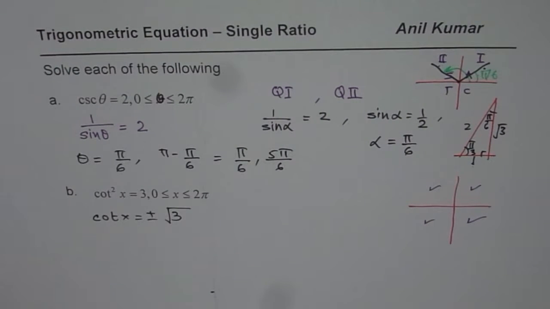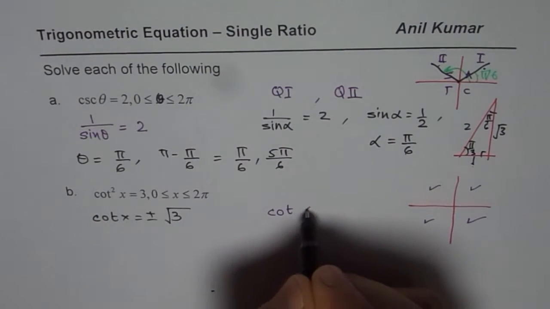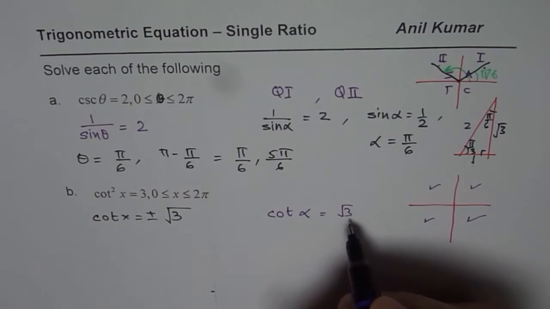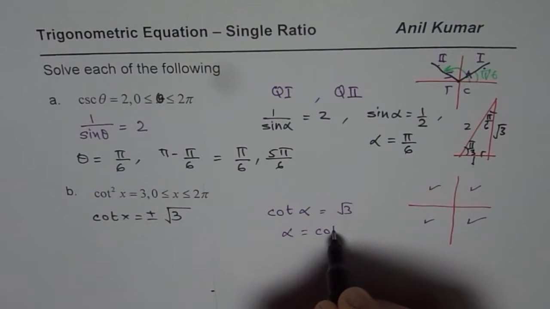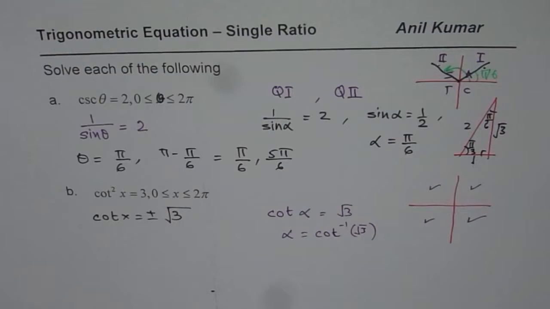Then what should you do? Write it with the reference angle. So we say cot of alpha is square root of 3. Drop signs. Just consider the positive value. That means alpha equals cot inverse of square root 3. But you know, you can't use a calculator with cot inverse.